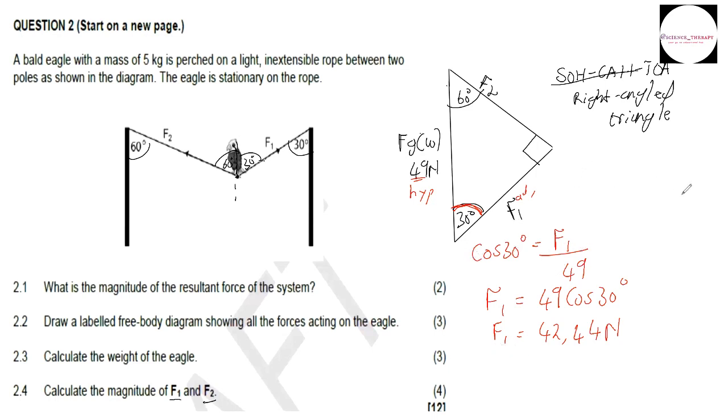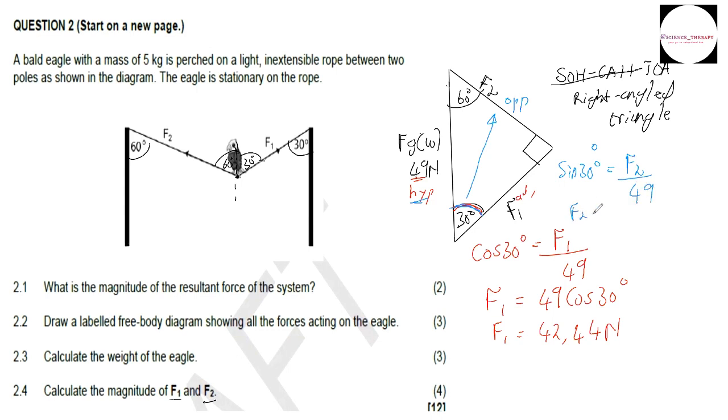Now we want to find the value for F2. If again we reference from the 30 degrees, F2 is now the opposite side, and we are still given the hypotenuse. So we can say sine 30 degrees equals opposite, which is F2, over hypotenuse, which is 49.